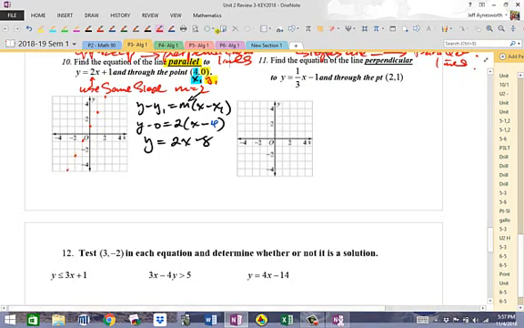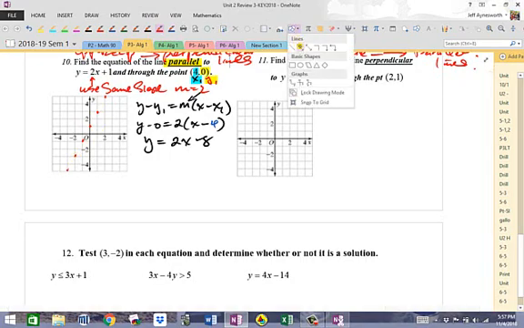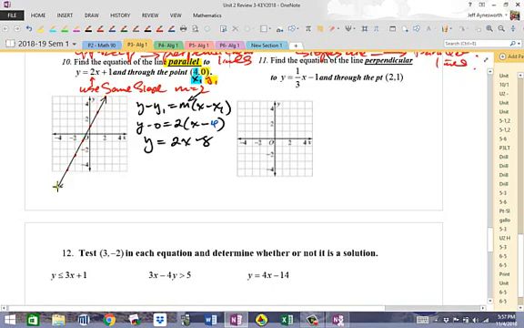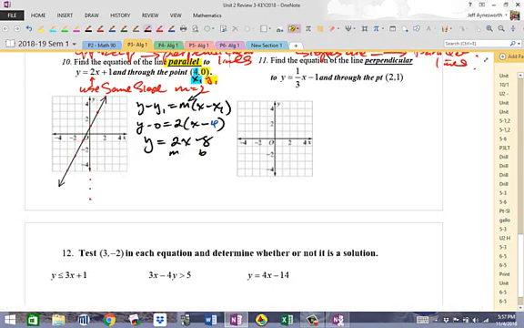Draw the line. So this is the original line. Now, here the slope's 2, and the y-intercept is -8. So you go down to -8: -5, -6, -7, -8. There's -8 right here. Let me just extend the y-axis here.